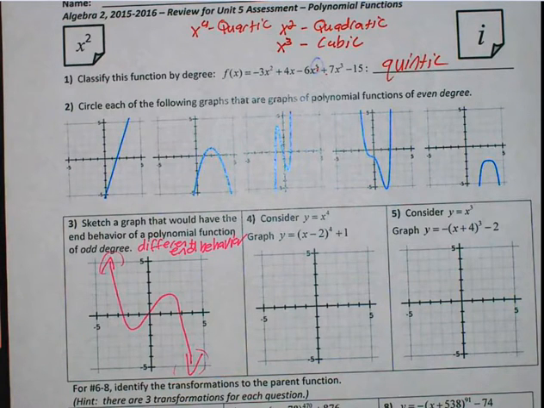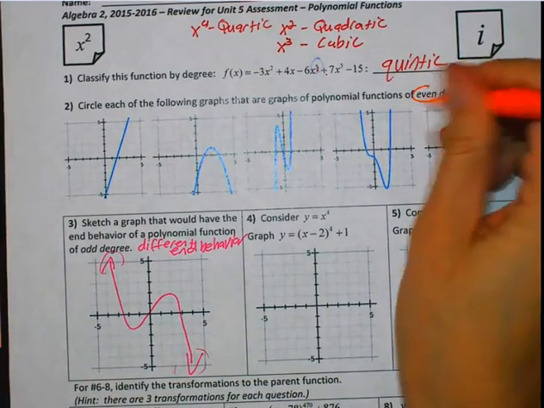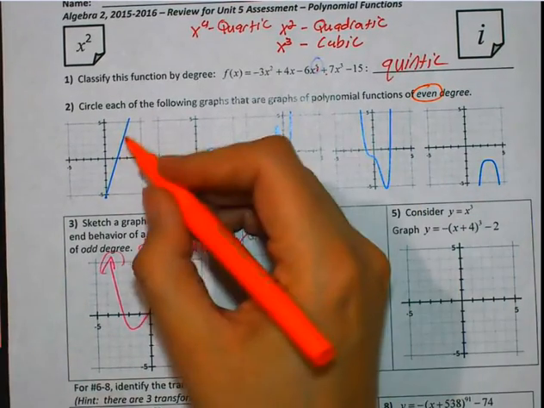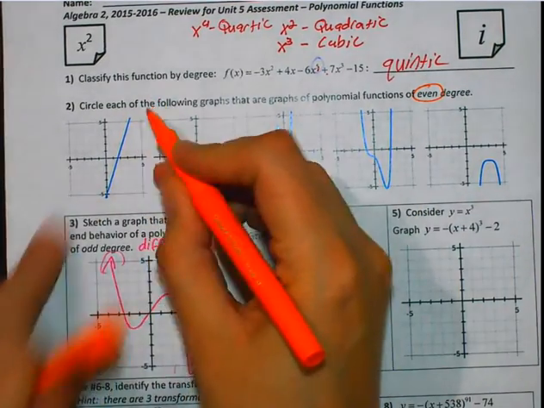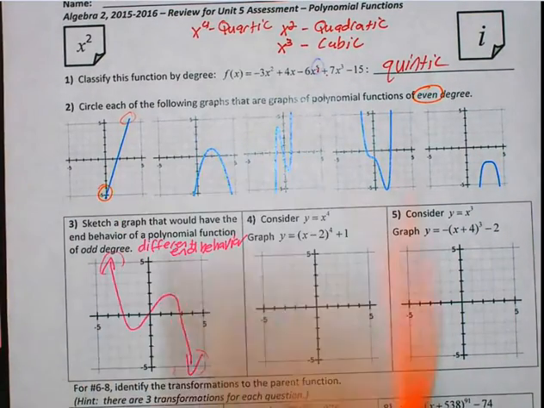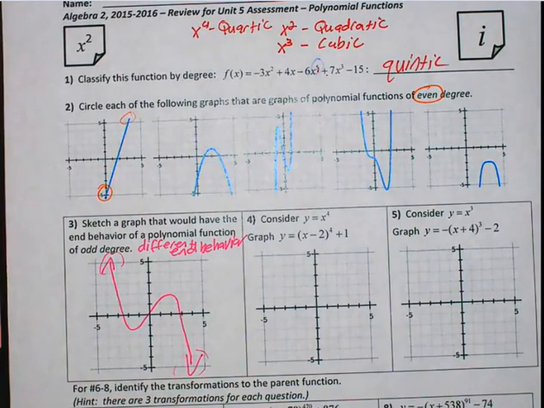Circle each of the following graphs that are graphs of polynomial functions of an even degree. Okay, so we just talked about how it's going to have different end behavior if it's odd. So an even degree, notice that this is going in 2 different ways. One end's going to positive, one's going to negative infinity, so that's not one.